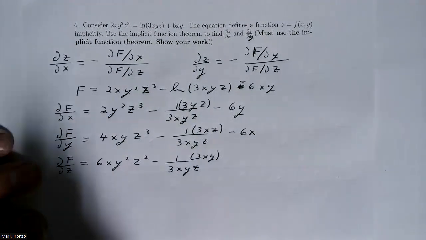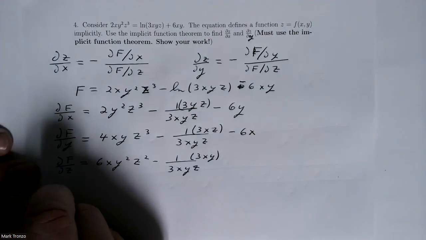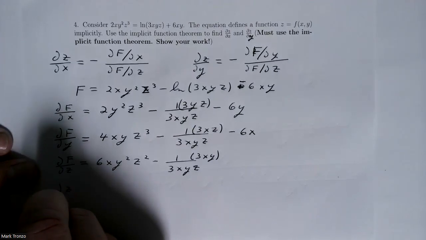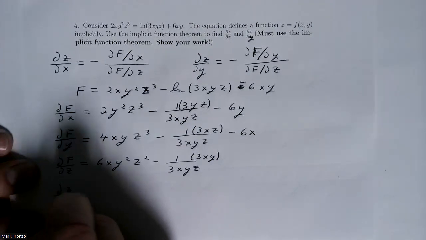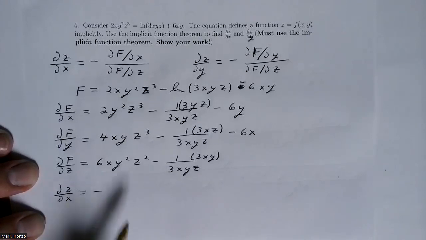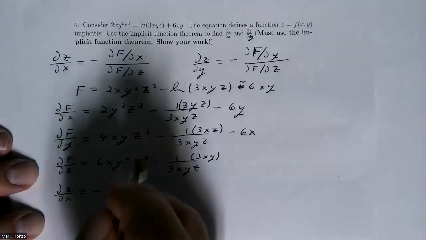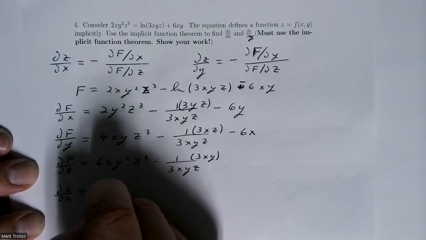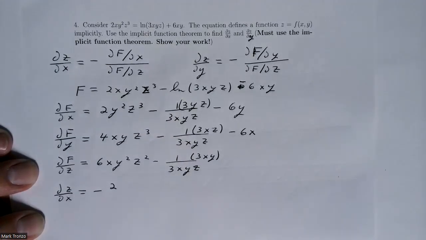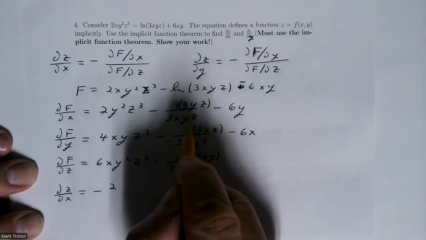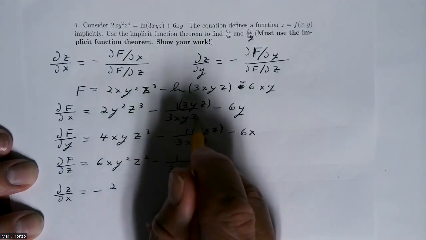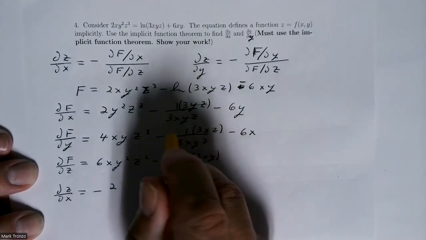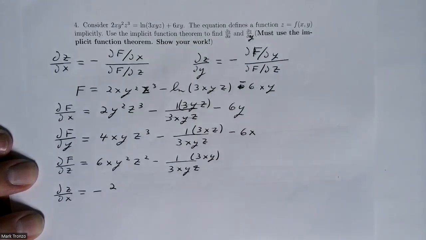And so just plug everything into the equation. It gets kind of long. dz dx is going to be negative this mess right here. And actually, we can cancel some of these things, can't we? We can cancel this yz, and we can cancel the 3 over here.